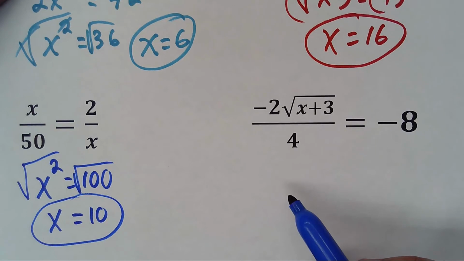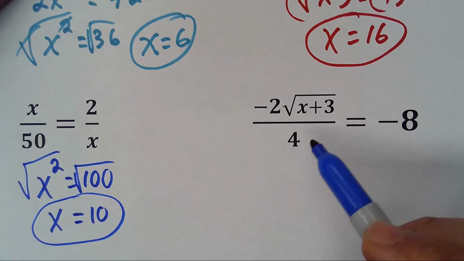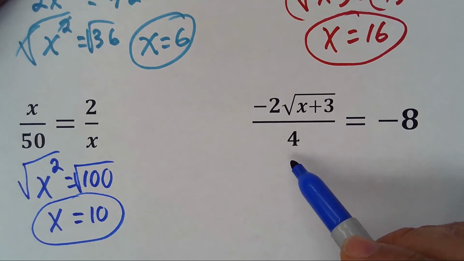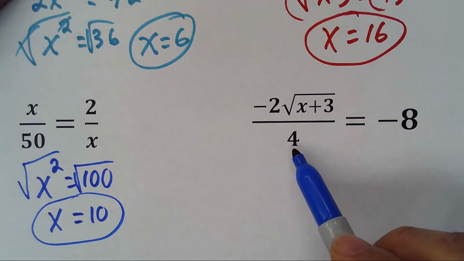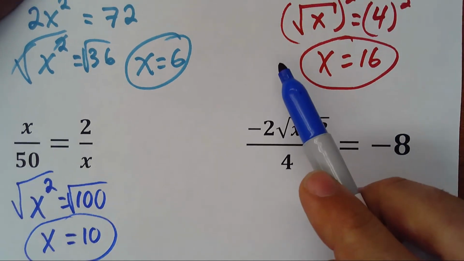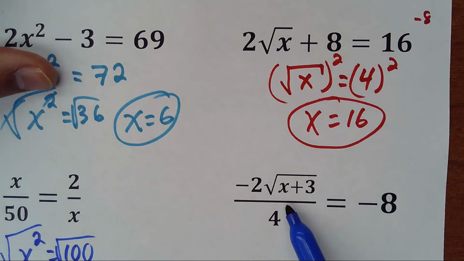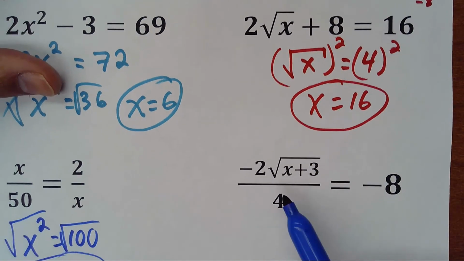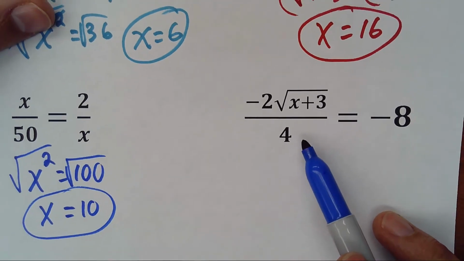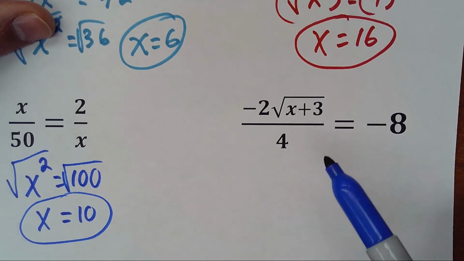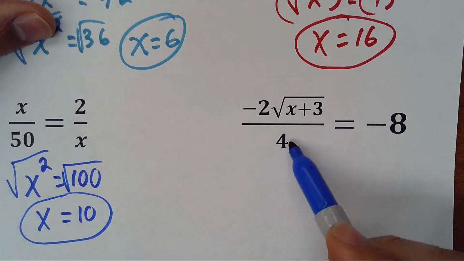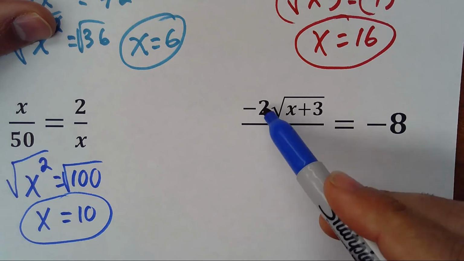On the other hand, here we have a little bit more process to isolate the variable, but it's the same. Notice that in the previous example, inside of the root we only had the x. Now we have x plus 3, but it's the same process. We need to remove the root first, and then we deal with what is inside. So here I can simplify 2 and 4.